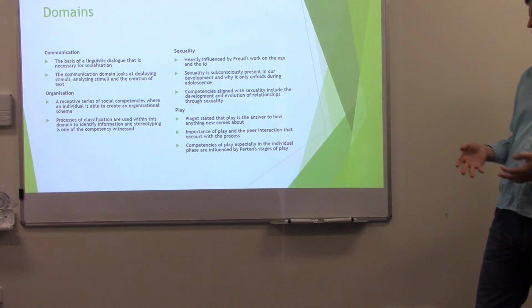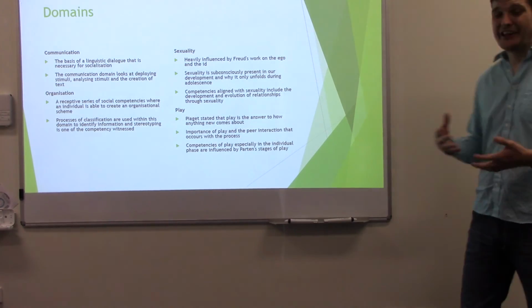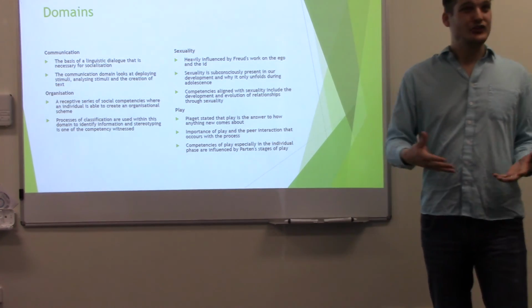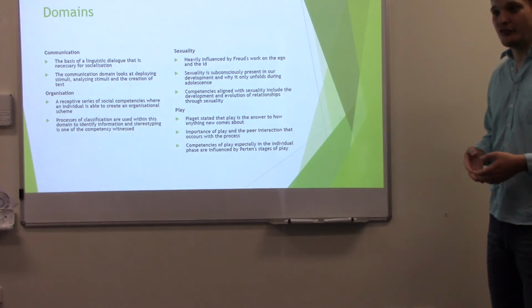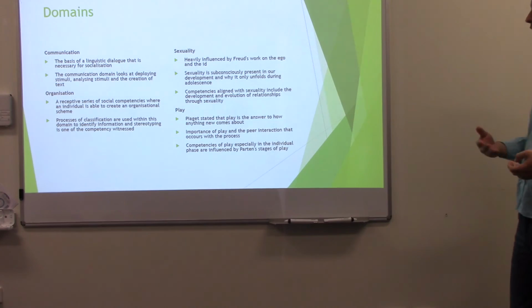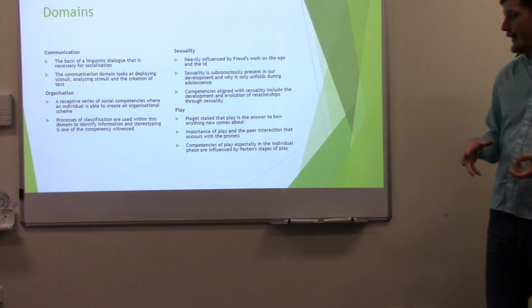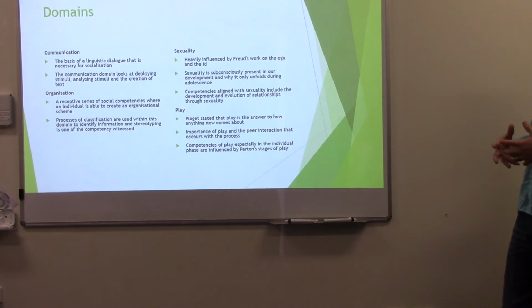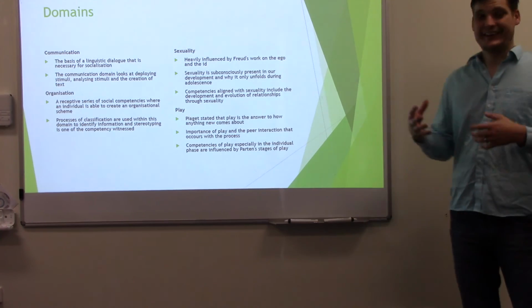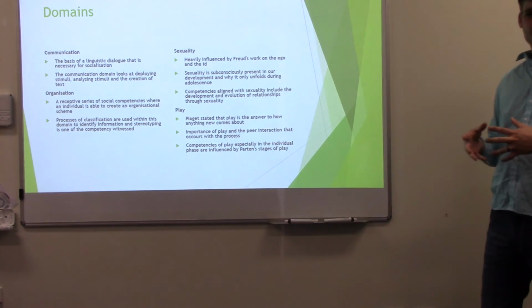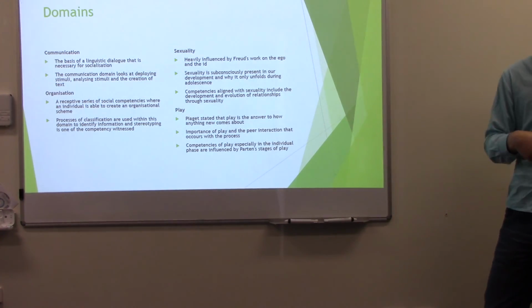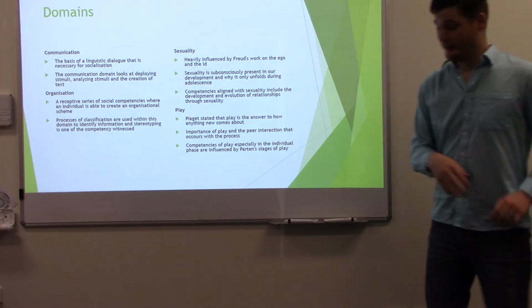So the next thing we look at is play, and particularly peer interaction in play. As Piaget stated, play is the way anything new comes about. This is how we learn things through our interaction with others. The importance of play and peer interaction occurs in this process, and our competencies of play, especially at our individual phase, relate to Part1's research on the different stages of play, and there's heaps of them.